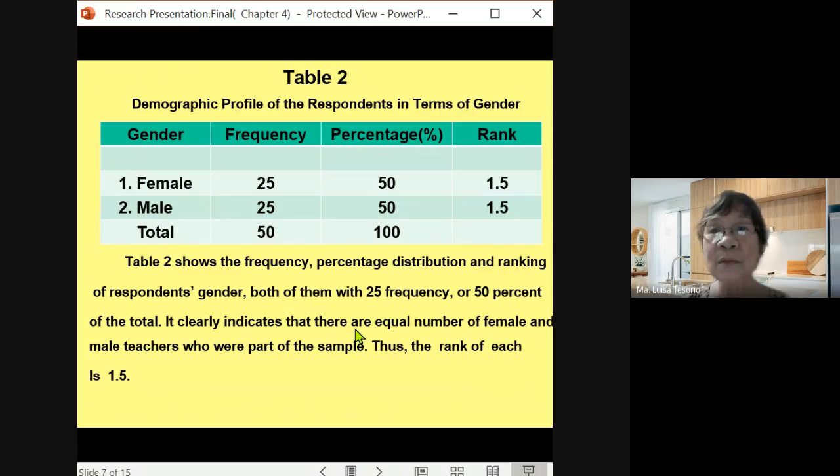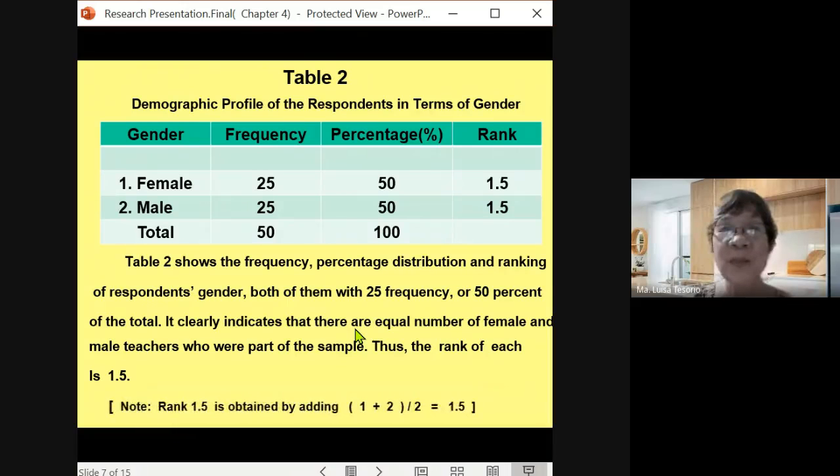And look, both genders have a frequency of 25 or 50% of the total. It clearly shows that there are equal number of female and male teachers who were part of the sample. Thus, the rank of each is 1.5.